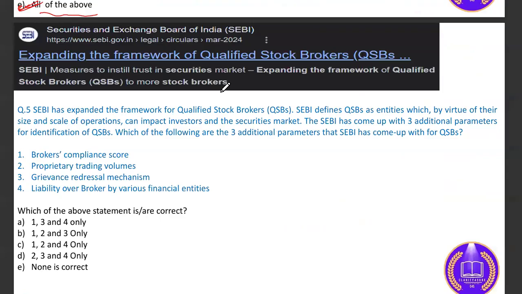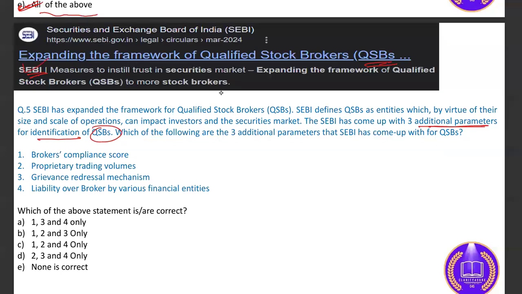Let's see the last question of the series, regarding expanding the framework of qualified stock brokers, QSBs. SEBI has recently announced an expansion of the parameters. It has come up with 3 additional parameters for the identification of qualified stockbrokers.